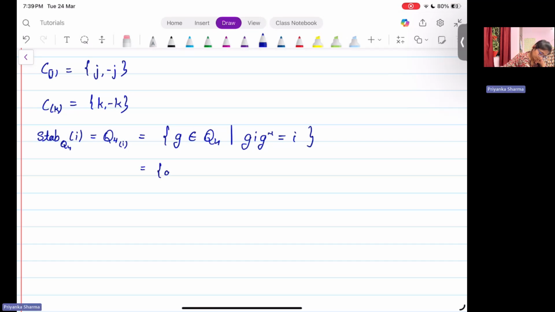That is, G belongs to Q4 such that G I is I G.